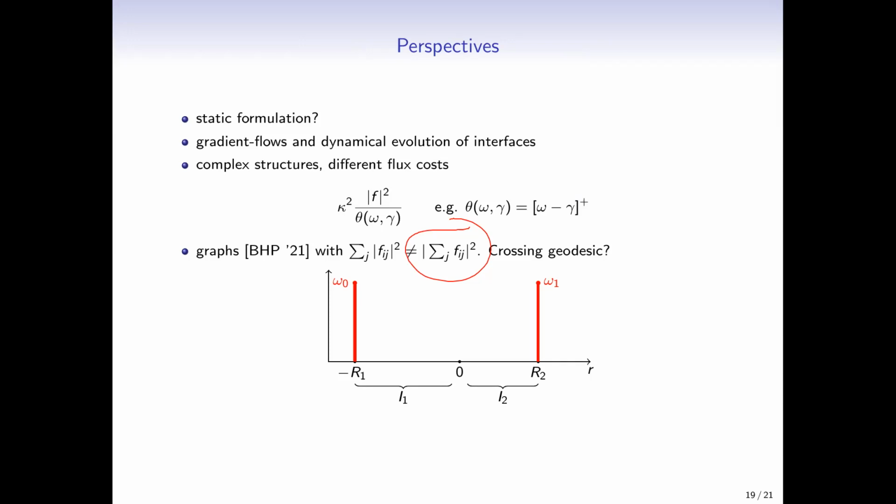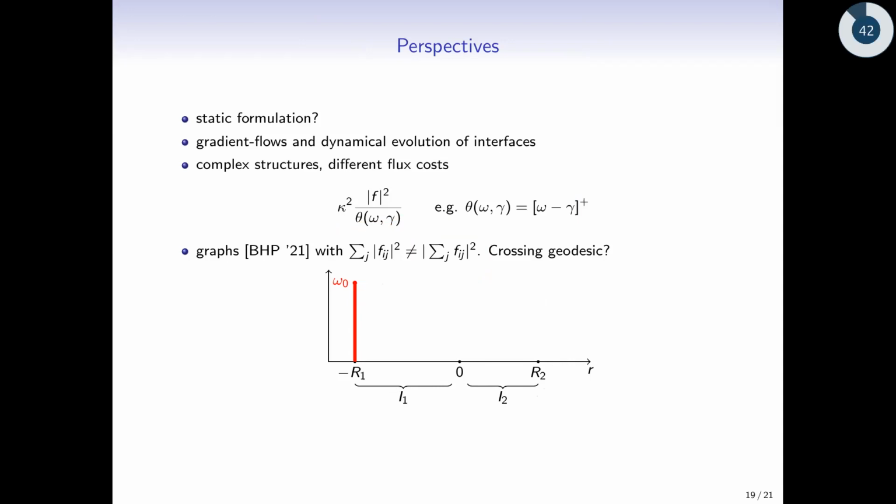So I don't know what's going to happen, but here is just a picture again. So 0 here is one vertex, and you have two adjacent intervals that connect through this common vertex 0. So say you want to connect a Dirac delta mass in the interval I1 to a Dirac delta mass on the interval I2. If you choose to penalize your flux according to this law, what the geodesic should look like is something like this.